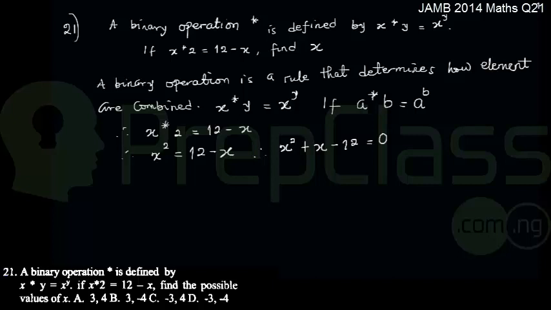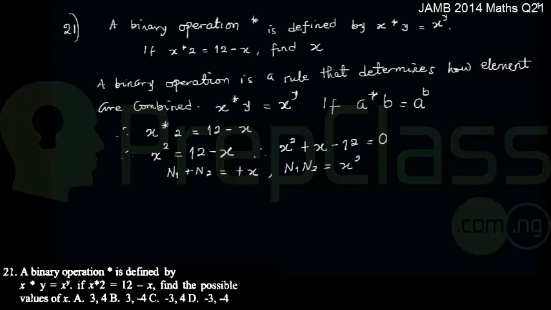So once I have this, we realize that this is now a quadratic equation. And in solving this, we need two numbers that satisfy a given condition, two numbers that will be used to replace plus x. If we add those two numbers, they would give us plus x. And if we multiply those two numbers, n1 times n2, it will be the product of the first and the last terms.